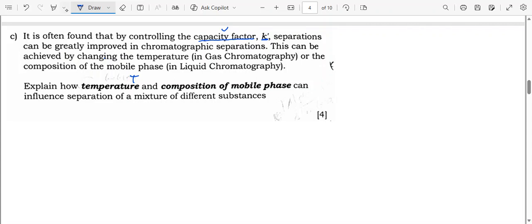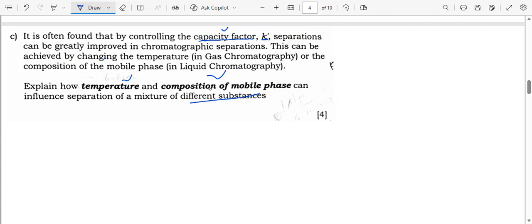Now let's go to the question. Explain how temperature and composition of the mobile phase can influence the separation of a mixture of different substances.